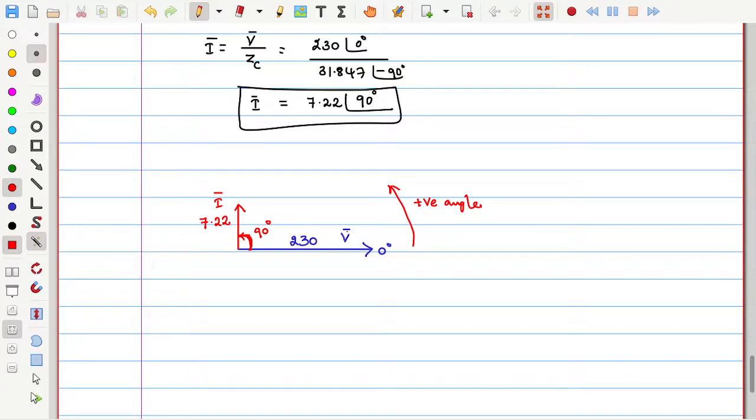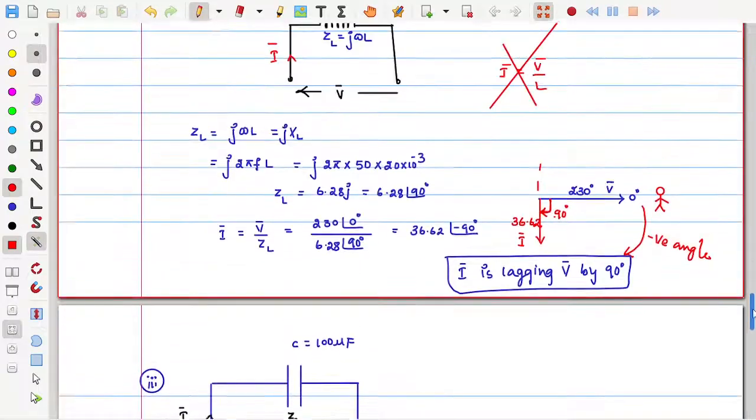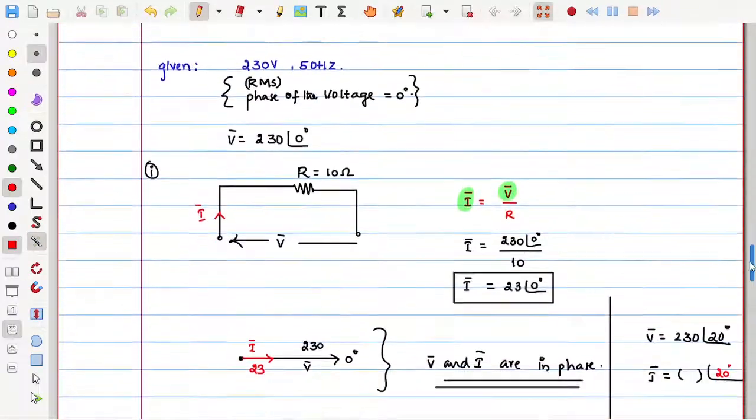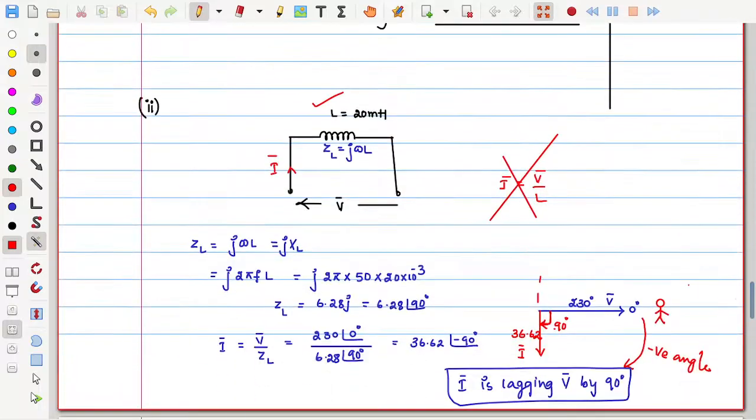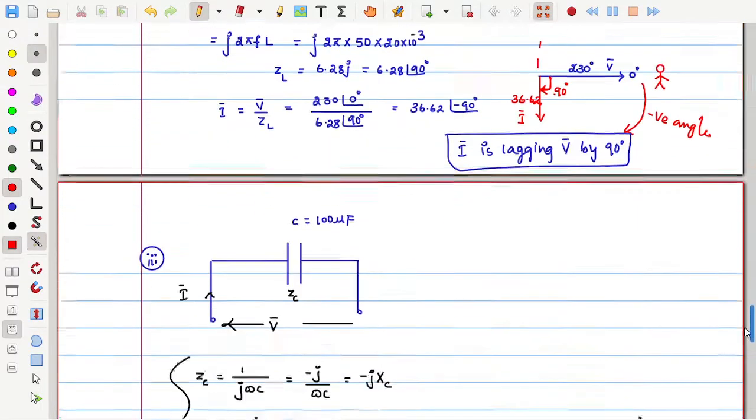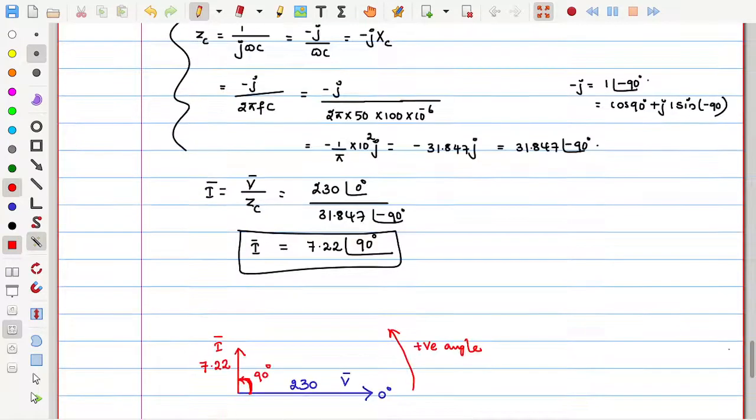These 3 points are very important. For those 3 points only, I gave this problem. One: the voltage and current are in phase for a resistor. Two: the current lags the voltage in an inductor. Three: the current leads the voltage in a capacitor. These are the 3 important points.